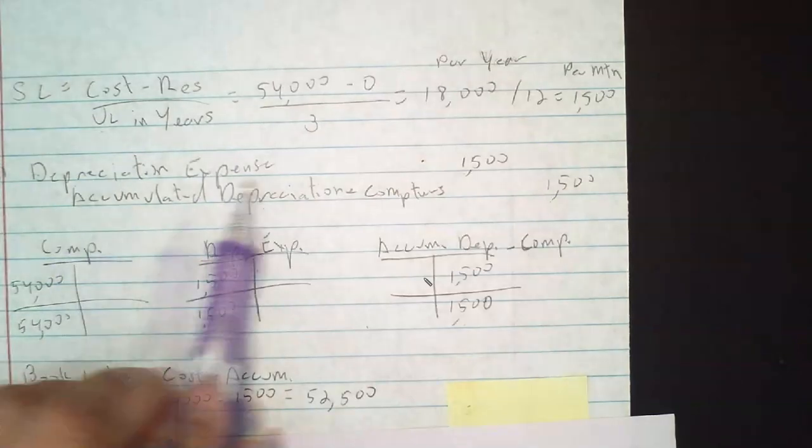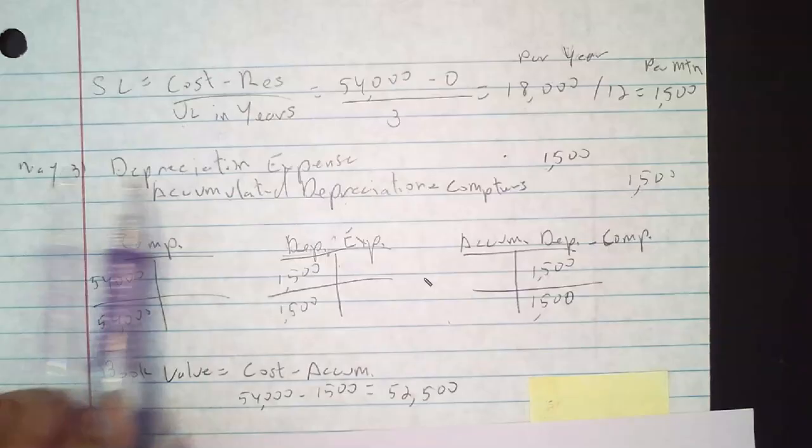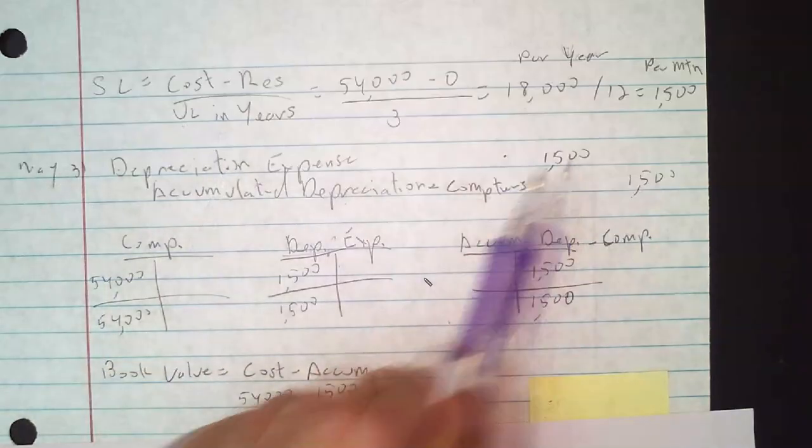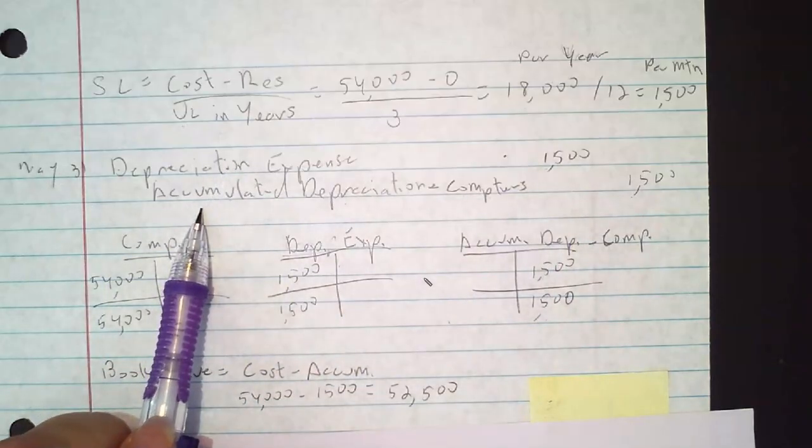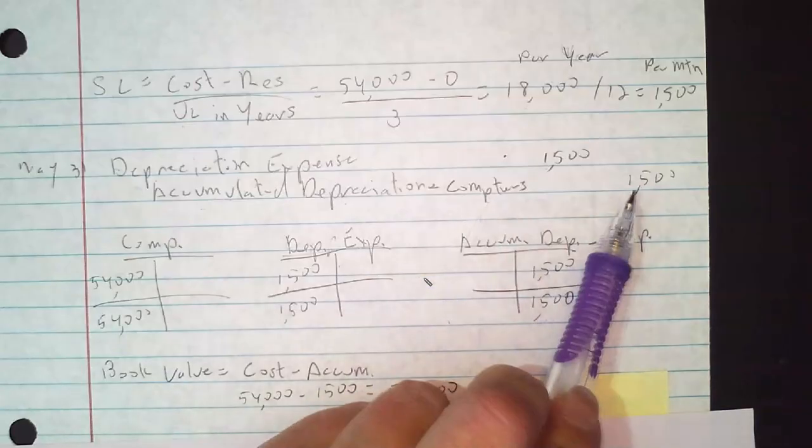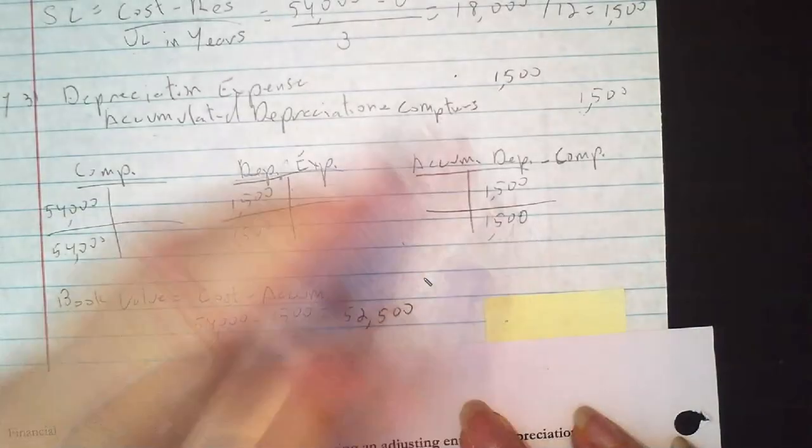In the end of the next month in June, I'm going to do this exact same journal entry again. I'm going to do June 30th, debit depreciation expense, 15, credit accumulated depreciation hyphen computers for the same 15, and that is going to change this account.